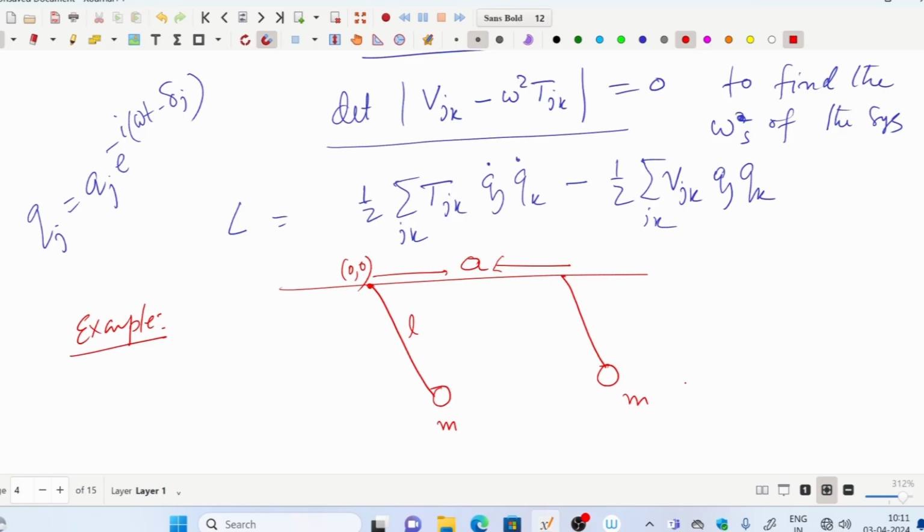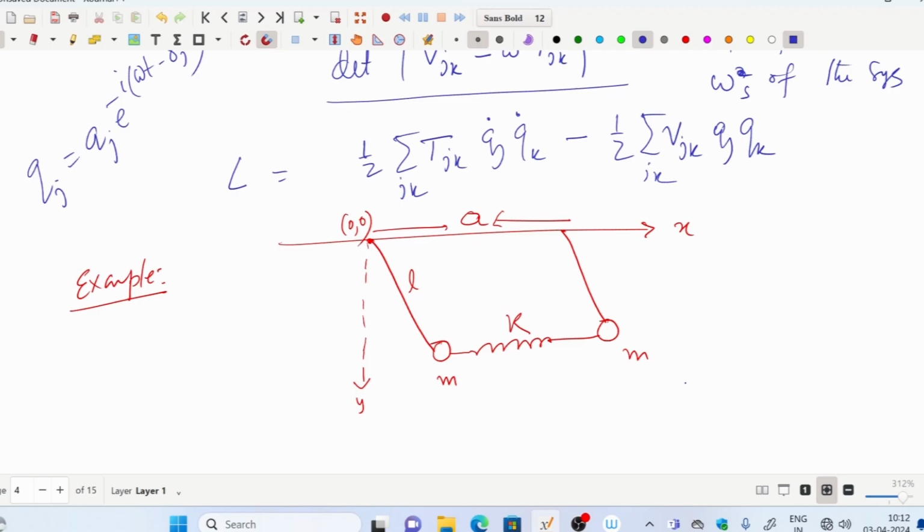These two mass points are connected by a spring, and let us have the spring constant k. This is your x direction, and this is say the y direction.